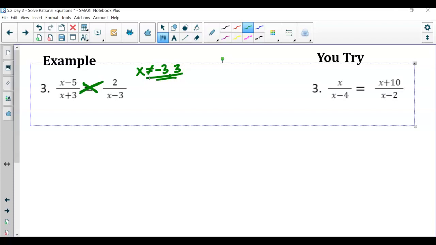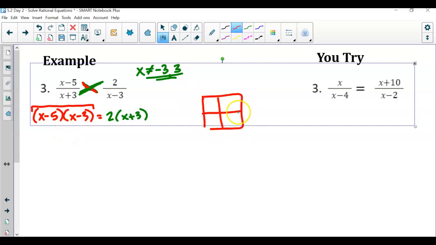So I'm going to go ahead now and cross multiply. So I'm going to multiply x minus 5 times x minus 3. That is equal to, here, cross multiply, 2 times x plus 3. So now notice, what do you have here on the left side? Well, now I have my two binomials, so we have to do FOIL, or you can do box method, area model. So I'm going to go ahead and set it up and multiply.